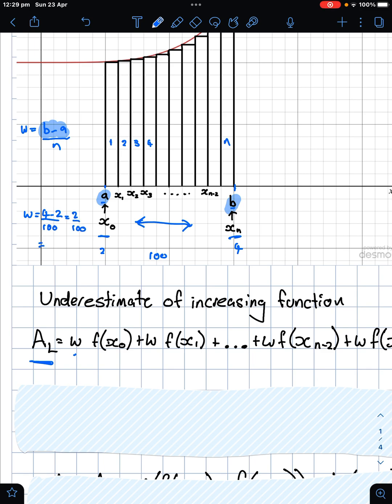So these would all have a width of 0.02, and that would be the width of each rectangle. So when multiplying the areas to get these rectangles, that's the width I'd put in.